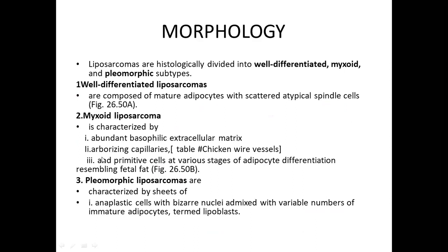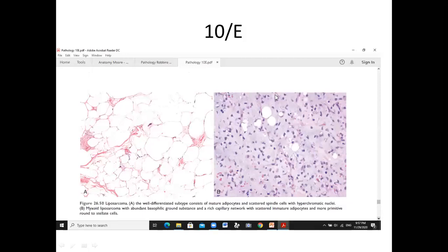arborizing, branching capillaries, and in Robbins, the table mentions chicken wire type of vessels, and primitive cells at various stages of adipocyte differentiation resembling fetal fat. Let's see in the figure. You can see basophilic ground substance in myxoid.